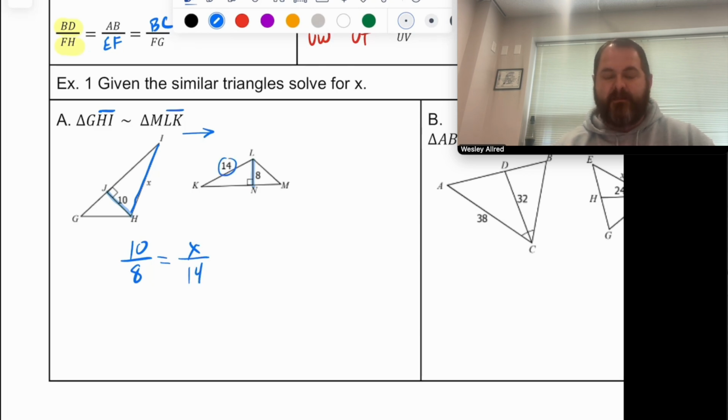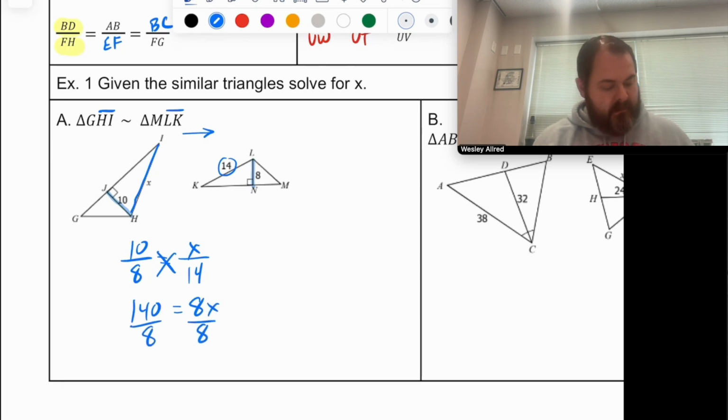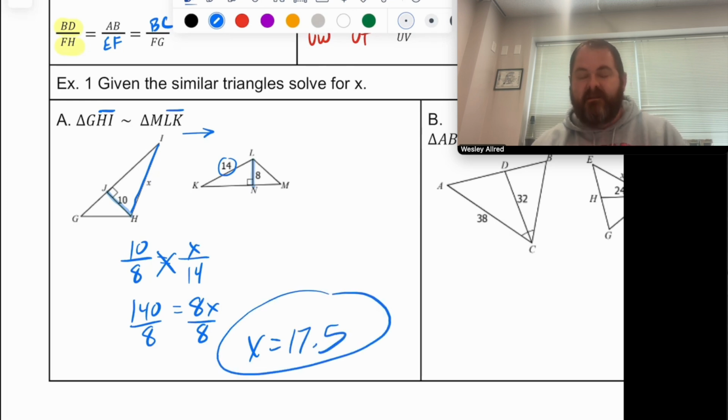So again, we just set up a proportion again. 10 times 14 is 140. 8 times X is 8X. All we have to do is divide by the 8. 140 divided by 8 is 17.5. Okay, so the length of X would have to be 17.5.